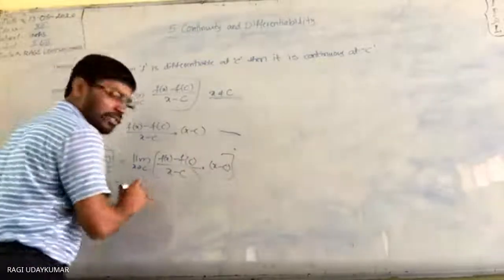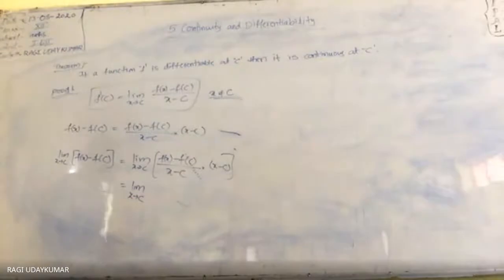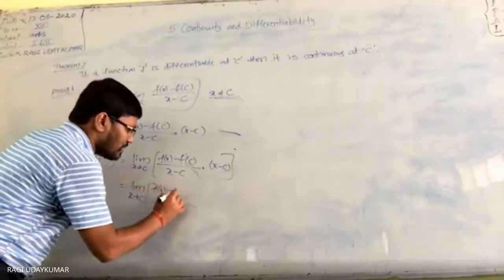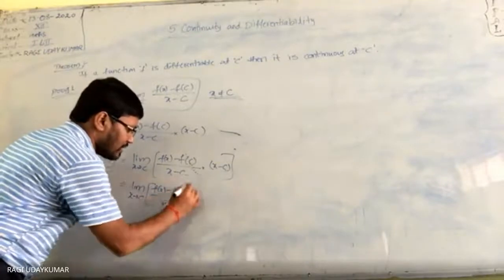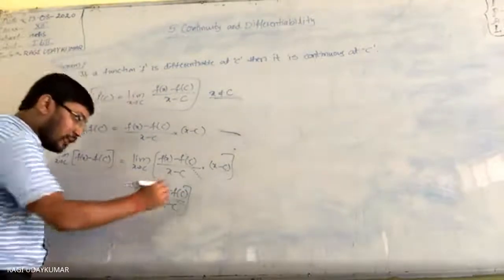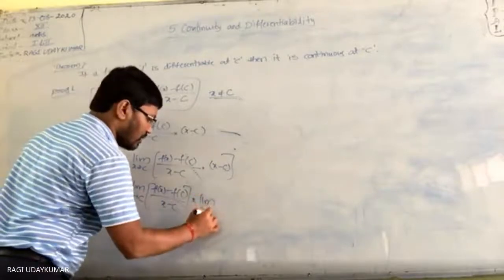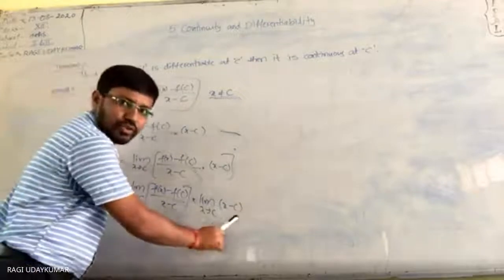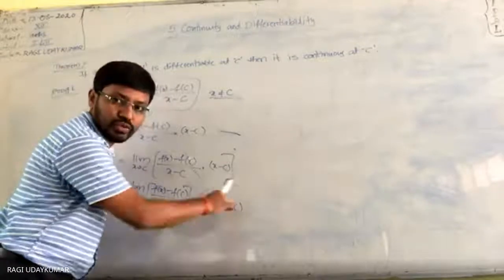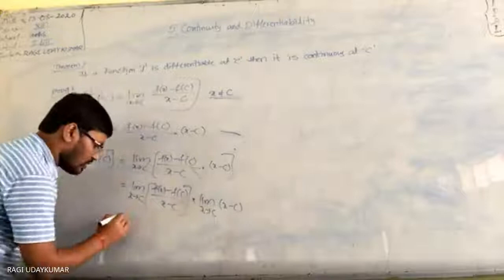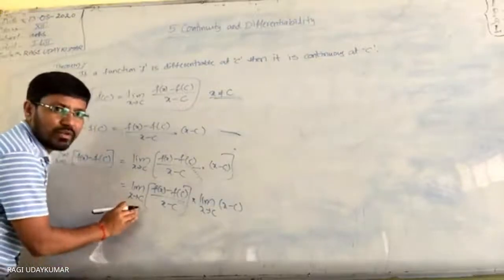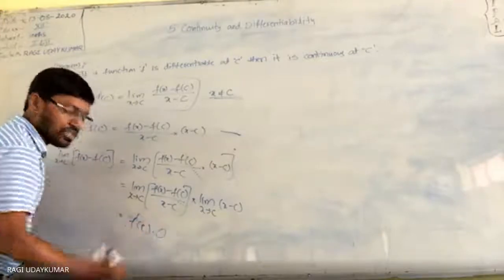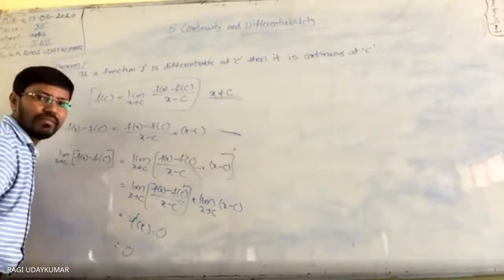So now what you get is limit x tends to c of f of x minus f of c by x minus c into limit x tends to c of x minus c. This limit x tends to c of x minus c will become 0. So here it is 0 into something. This one will be equal to f dash of c, as it is defined, differentiable, and it is equal to 0. So which completely will be equal to 0.